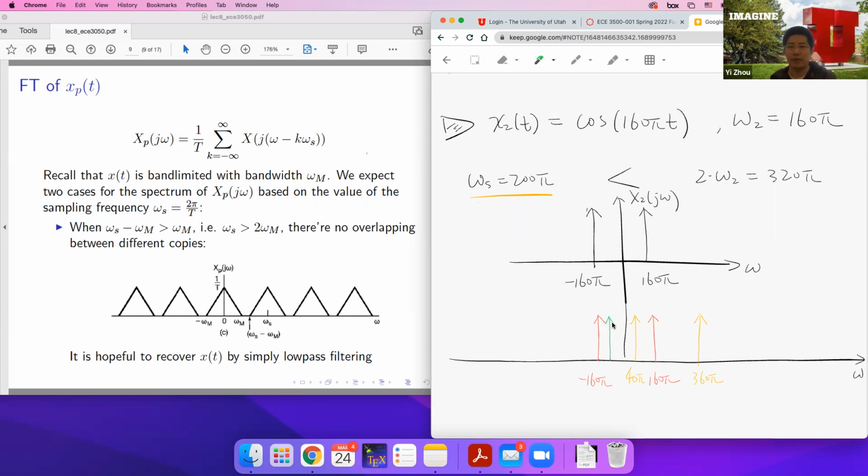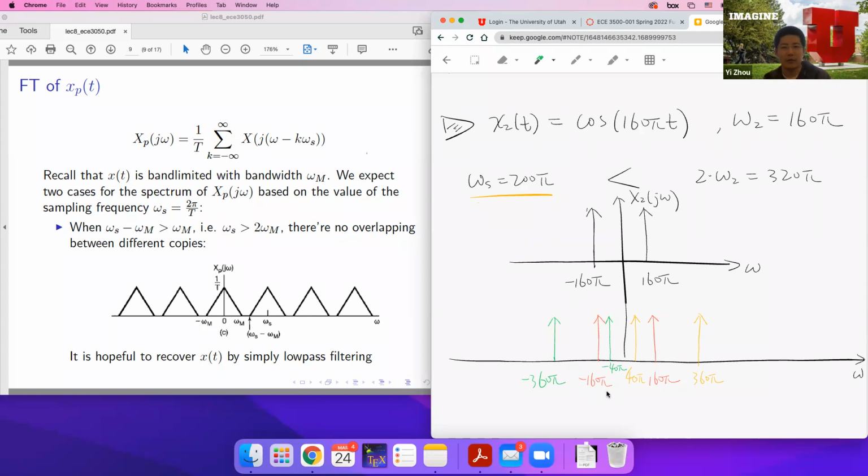And then when k equals -1, you have these two arrows: 360 pi and -40 pi. And the rest of the copies follow the same idea.